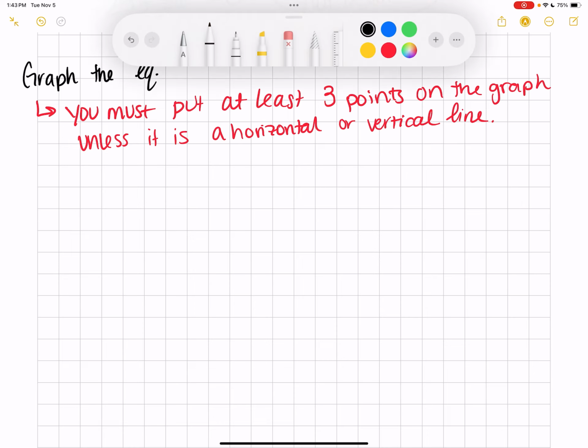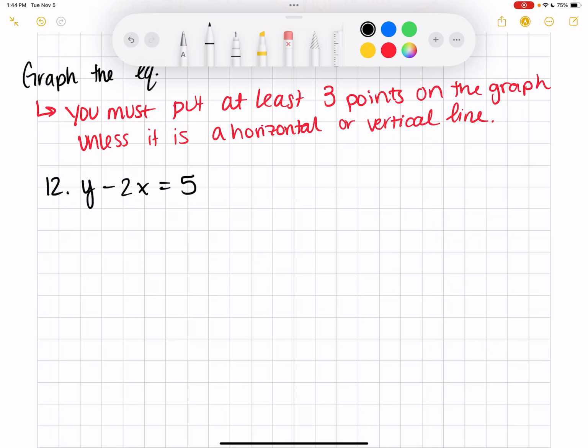All right, so number 12, we have y minus 2x equals 5. What we're going to do is plug in an x value, and we're going to figure out what y is equal to. It's kind of what we did at the end yesterday, except they gave us values that we had to pick.